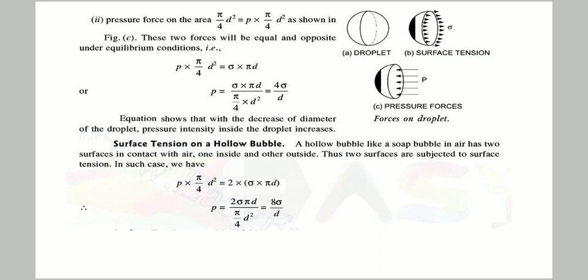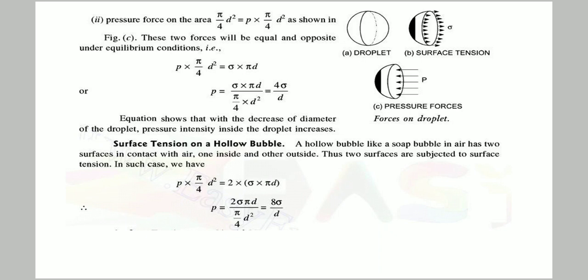By simplification, we get P is 4 sigma by d for a liquid droplet. This equation shows that as the diameter of the droplet decreases, the pressure intensity inside increases.